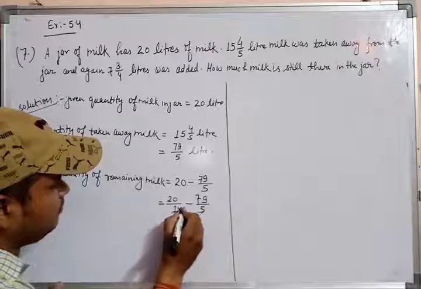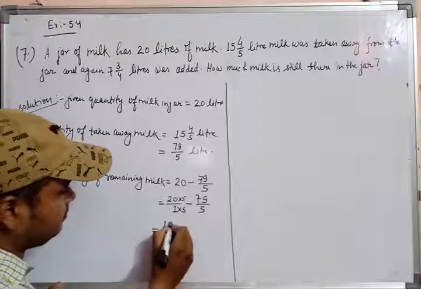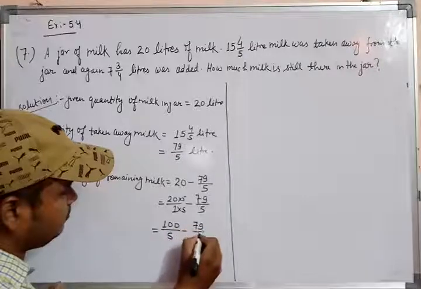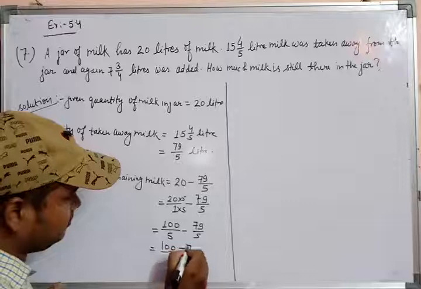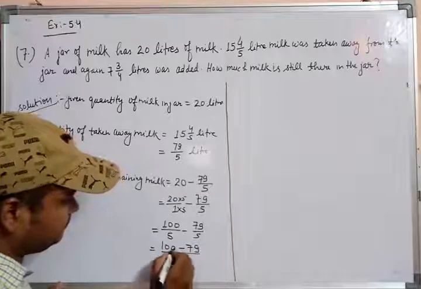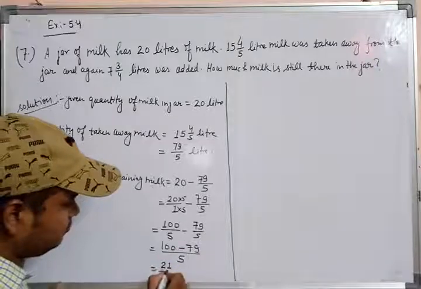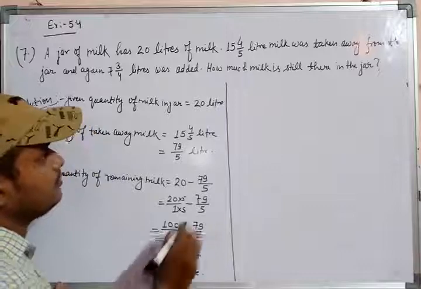We have to multiply by 5, so we can write 20 is 100 upon 5 minus 79 upon 5. So this is the like fraction, so we can write 100 minus 79. Then we get 10 minus 9 is 1, 10 minus 7 is 2. That is 21/5 liter.